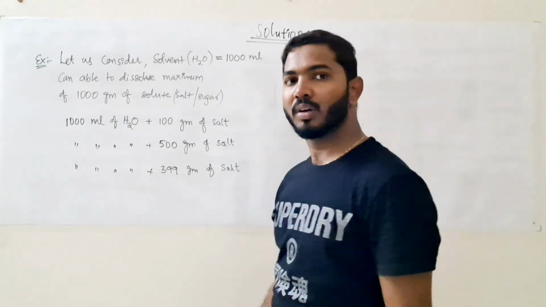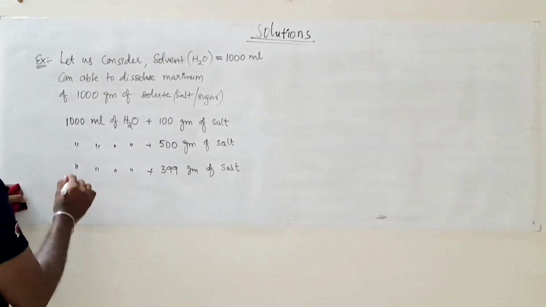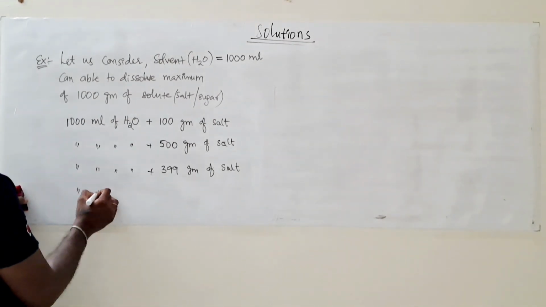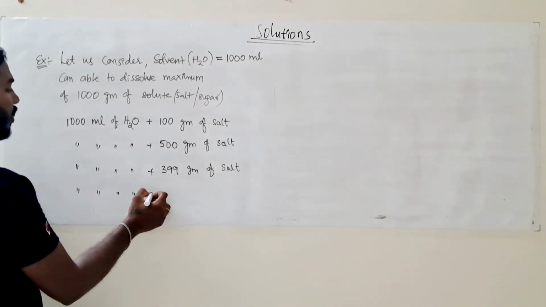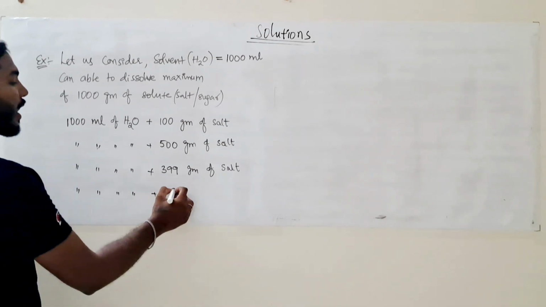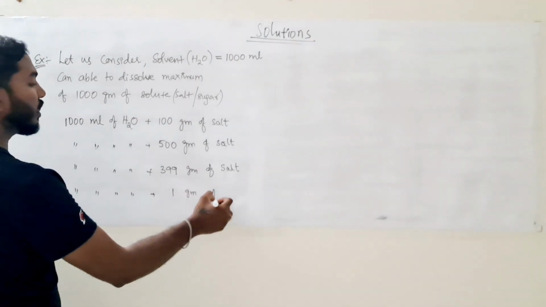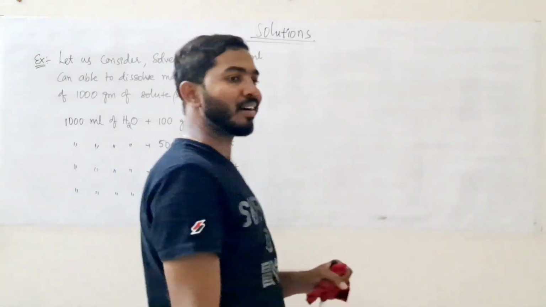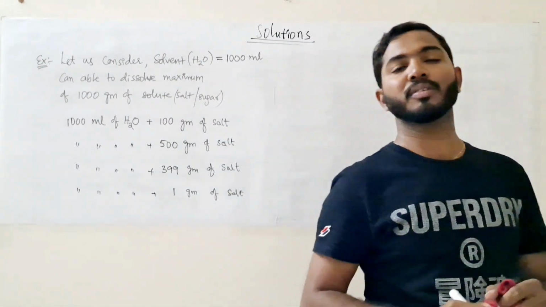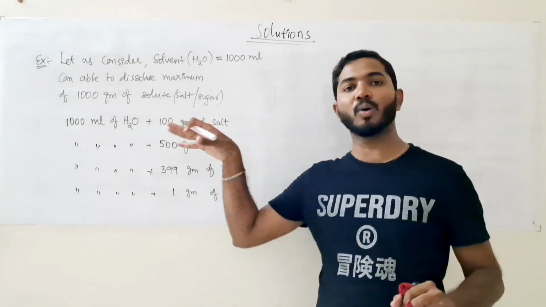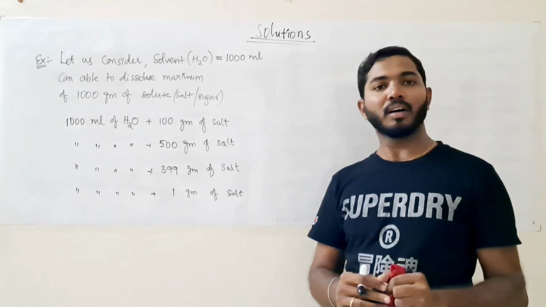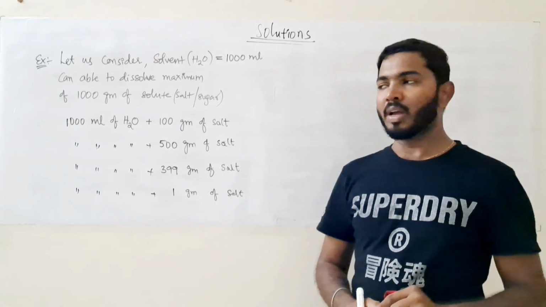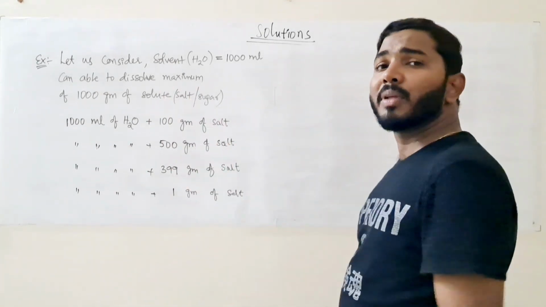I hope you understood. Now suppose in the same 1000 ml of water, I add 1 more gram of salt, which makes a total of 1000 grams of salt in the solution. I don't stop the experiment.